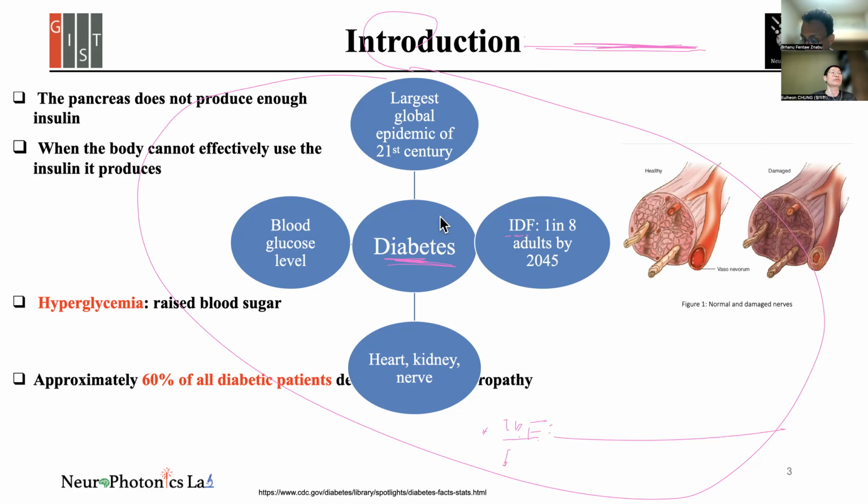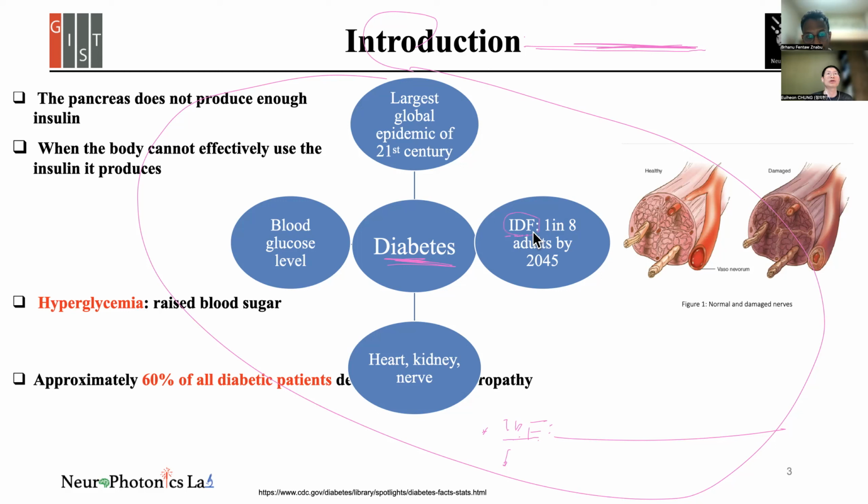The purpose of this looks like you are talking about how diabetes is caused by hyperglycemia. A lot of people suffer from diabetic neuropathy, and you put normal and diabetic nerve. Fine, blood glucose level, international.